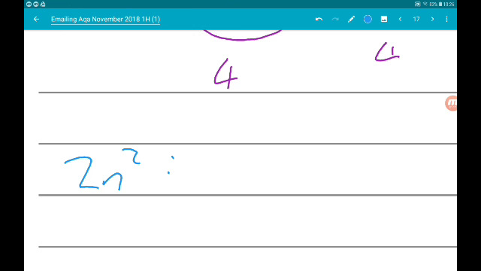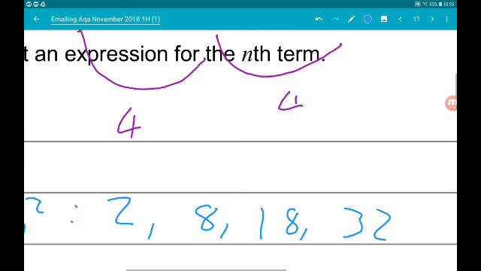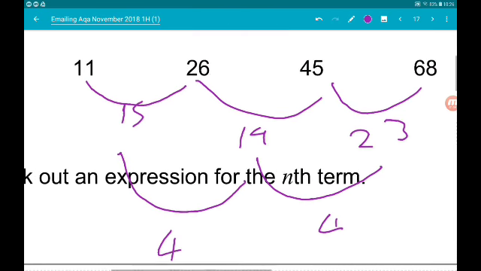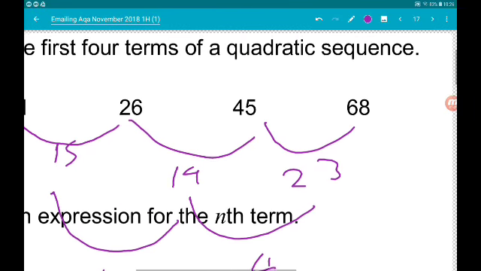So 2 times 1 is 2, 2 times 4 is 8, 2 times 9 is 18, 2 times 16 is 32. Now what we do is subtract these from the original sequence.